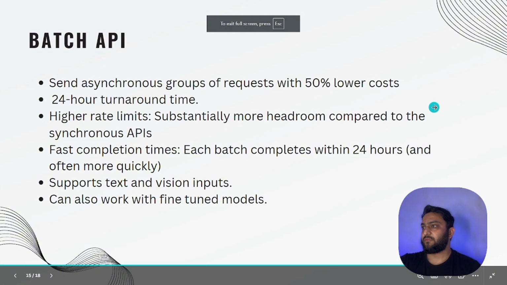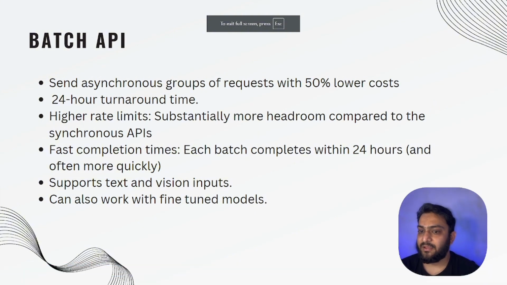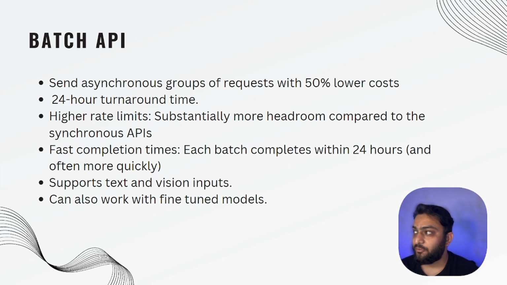As I've said, send asynchronous groups of requests with 50% lower cost. You could send a group of requests. I believe the limit is somewhere around 50,000, so you cannot send a file that has more than 50,000 requests. And I believe there's also a limit of 100 megabytes, so your file should not be larger than that.